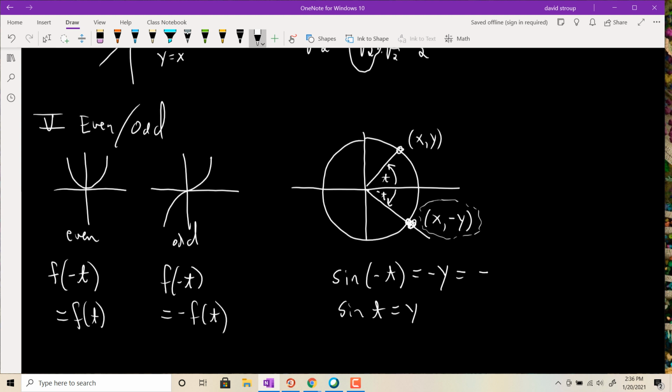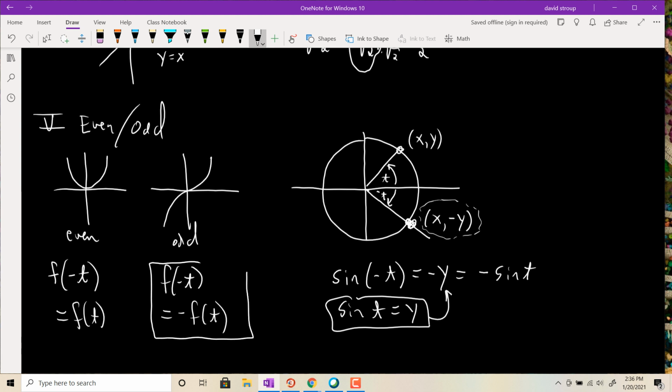Negative y is just negative sine of t, doing a substitution. So sine of t is equal to y, so you can plug sine of t in for y and get negative sine t. In other words, sine of negative t is equal to negative sine of t. It's the odd relationship that we've found. So sine turns out to be odd.